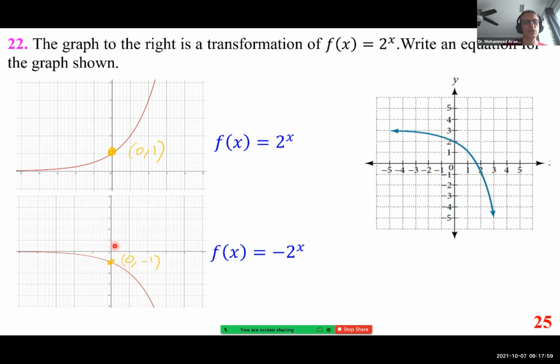And so this 0, negative 1, the y-intercept, now has the coordinates 0, 2. Therefore, from negative 1 to positive 2, we went up by 3. So it has been shifted up by 3 units.